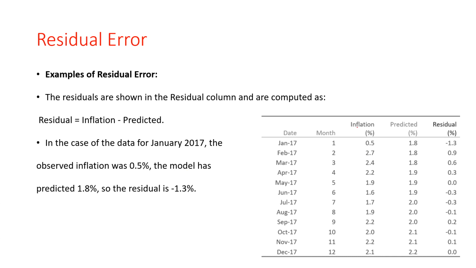It shows the US inflation data for each month in 2017, and we have another column, the predicted column, which is the prediction from the model attempting to predict the inflation rate. So this is the inflation for the US data for each month of the year 2017.